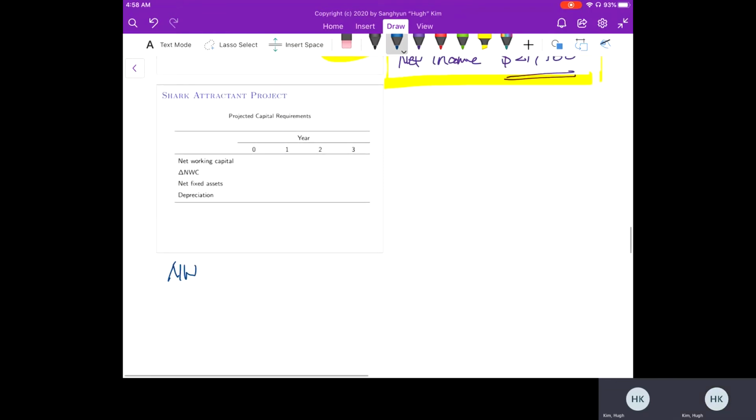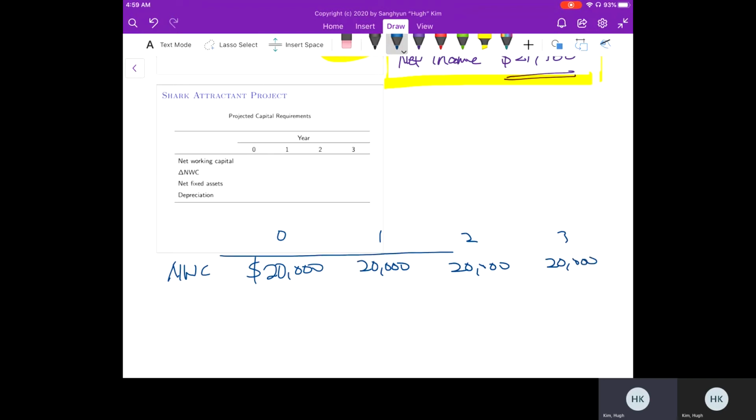We have to put up this $20,000 at the beginning of the project to maintain $20,000 throughout the project. So the change in net working capital would be 20,000 at the very beginning of the project and 0 afterwards.